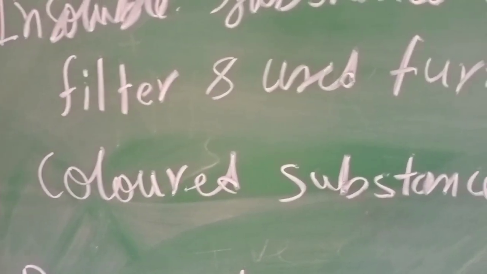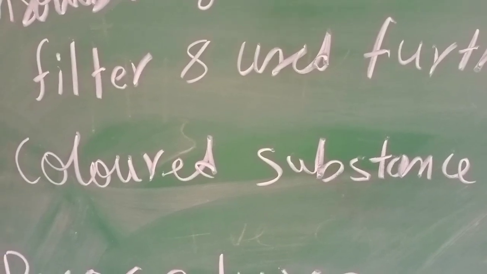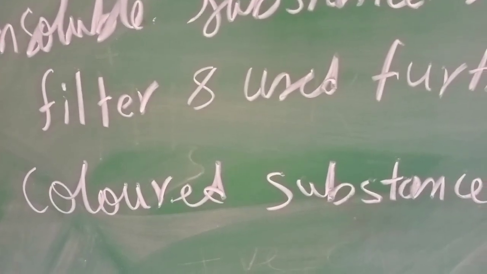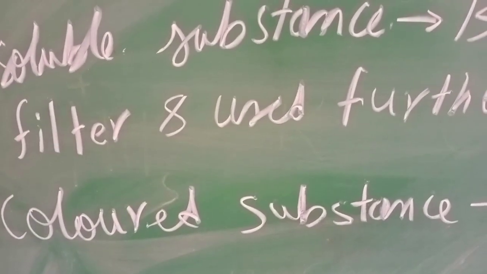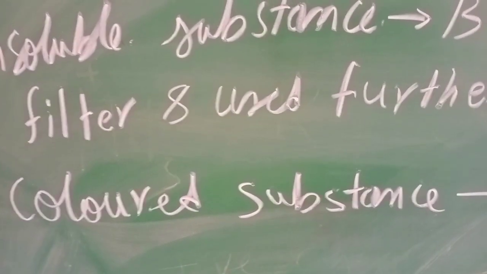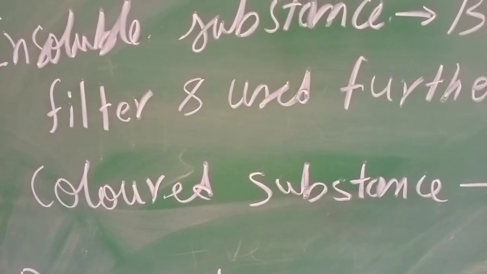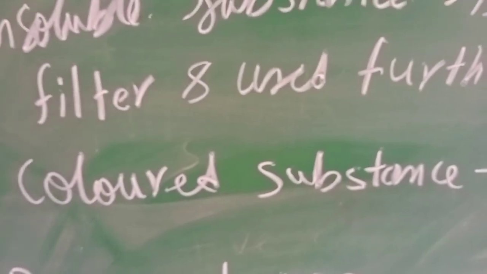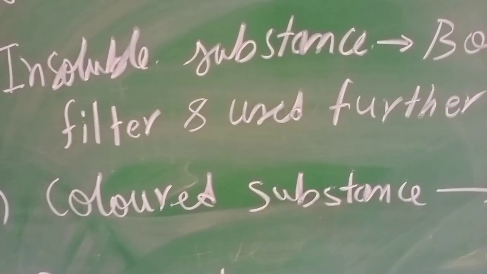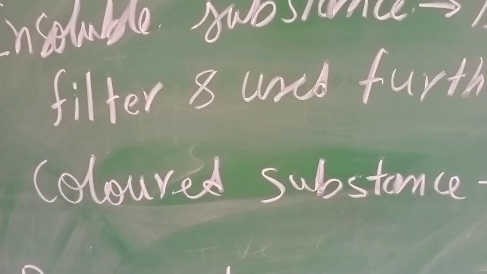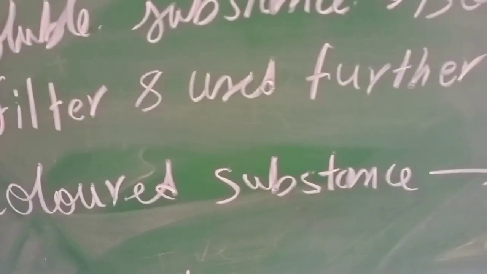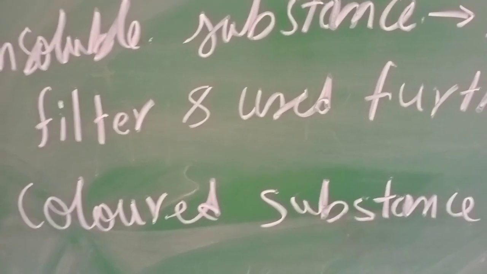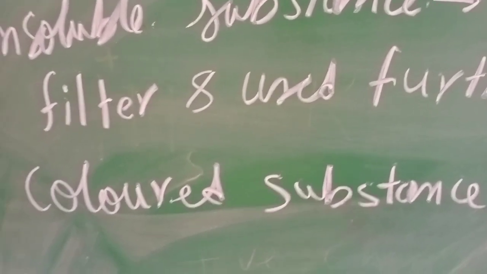Now, in a case if we are handling colored substances, for example potassium permanganate, or any other colored substance for the limit test of chloride, these substances, because of their self-coloring property, will again hamper the final outcome or the result of the test.